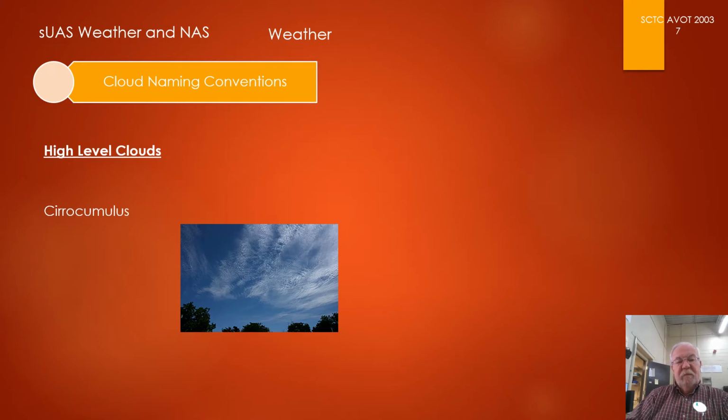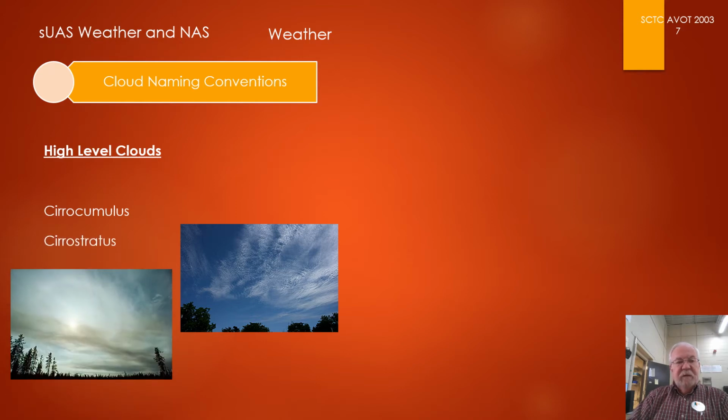So we have cirrocumulus clouds. They're just these very high cumulus, and cumulus, of course, is the Latin for built up, bumpy kind of thing, so it's somewhat lumpy, but high level still. And then cirrostratus, stratus being flat and level, they're high level clouds.